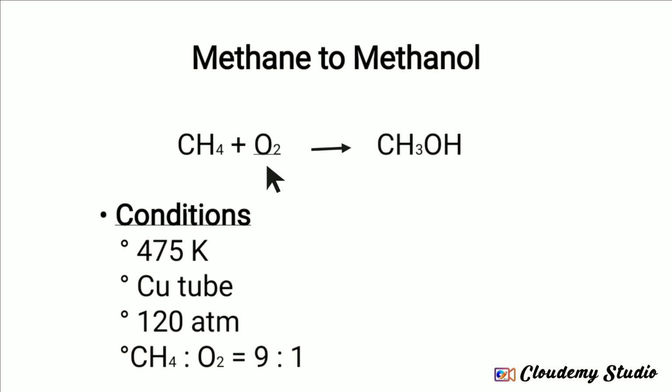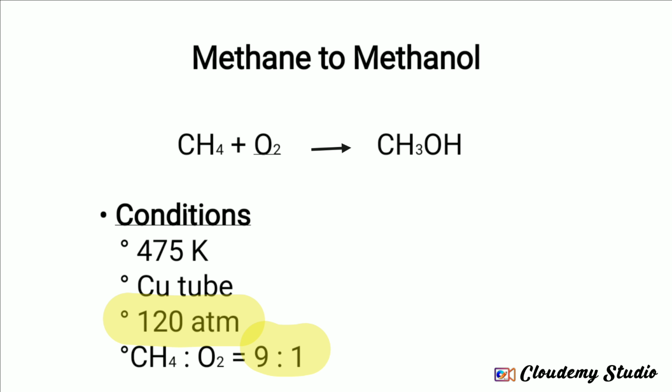Methane and oxygen need to be mixed in the ratio 9:1. Then when they are combined 9:1, that mixture of gases we need to compress to 120 atmosphere.